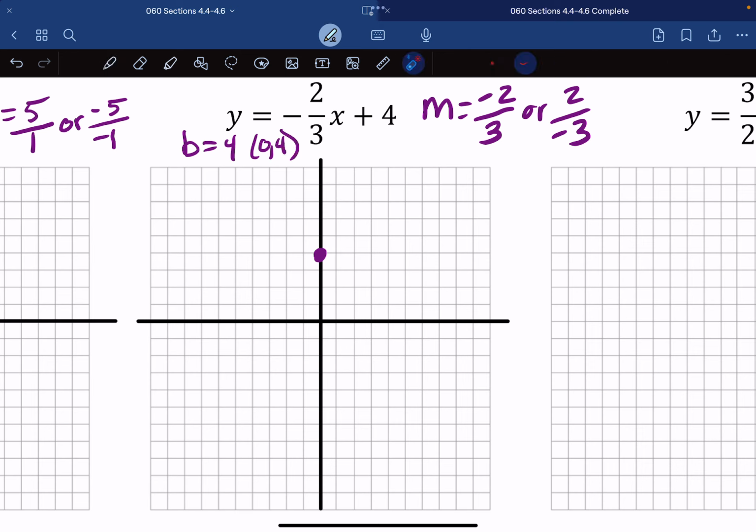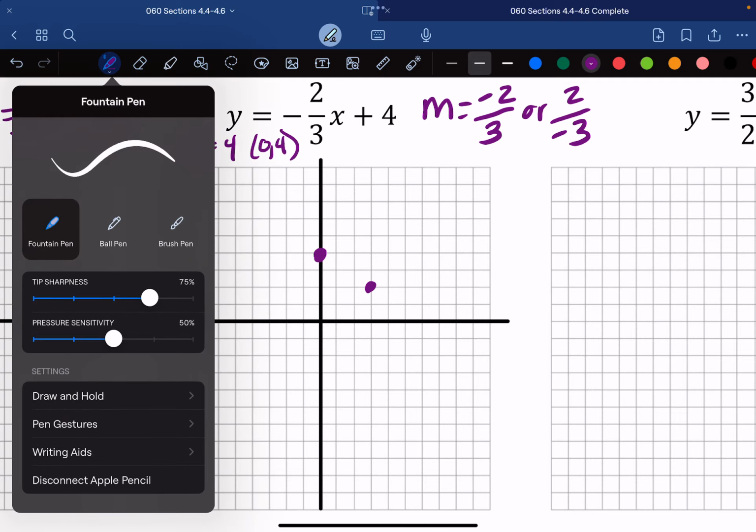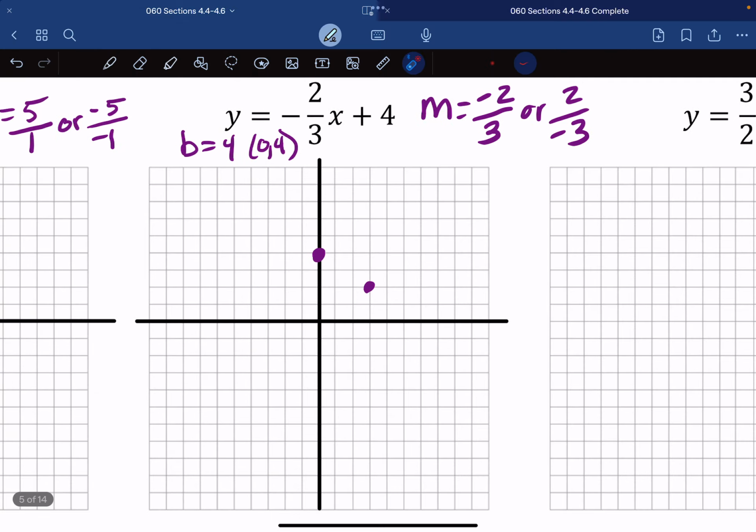And then from there, I can use either of these to create my next points from my slope. So let's go with this first one. The first one is -2, +3. -2, +3.